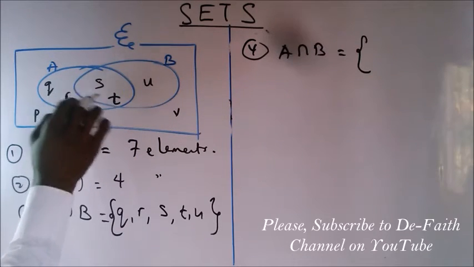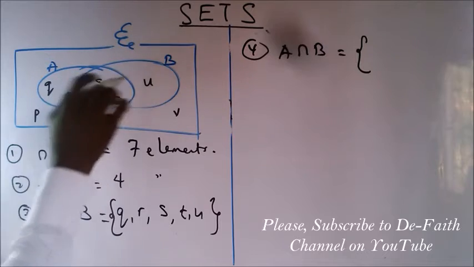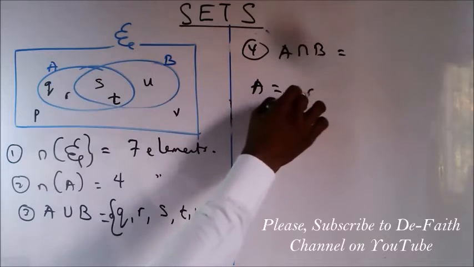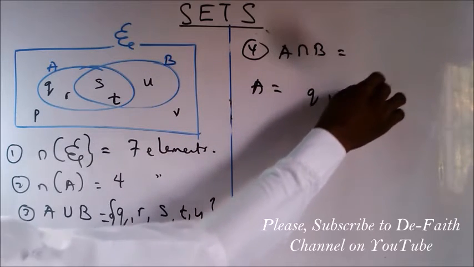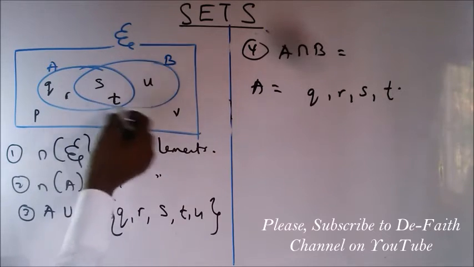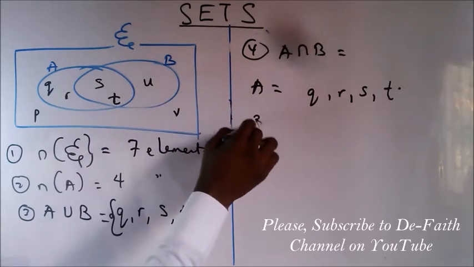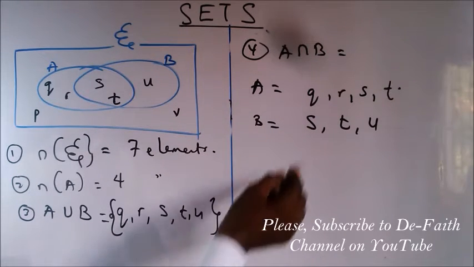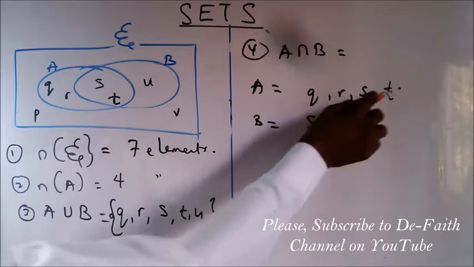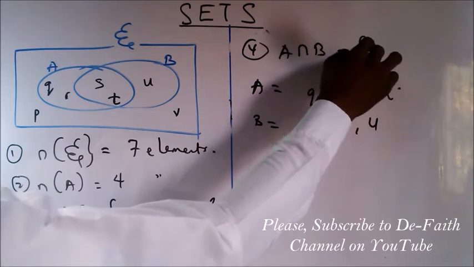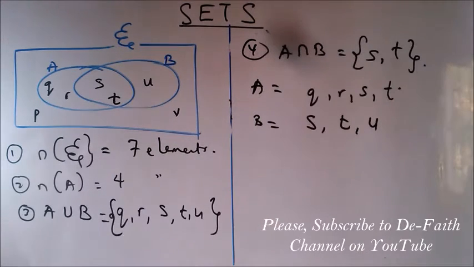That is what we have that is common between A and B. Before we go about that, we have the elements in A to be Q, R, S, T. That is for A. And then in B, we have S, T, U. Now from here, we have that S and S are common, and then T and T are common in A and B. Those are the intersection. So we have S and T as the elements common between the two sets.